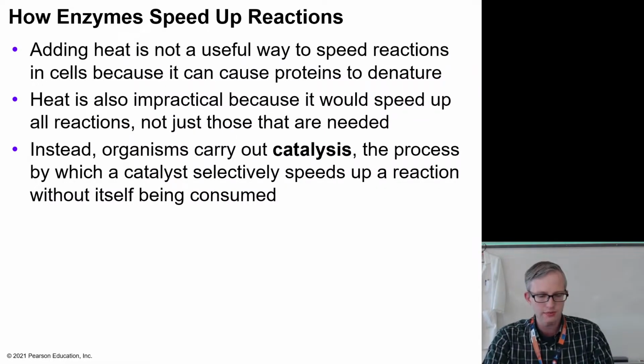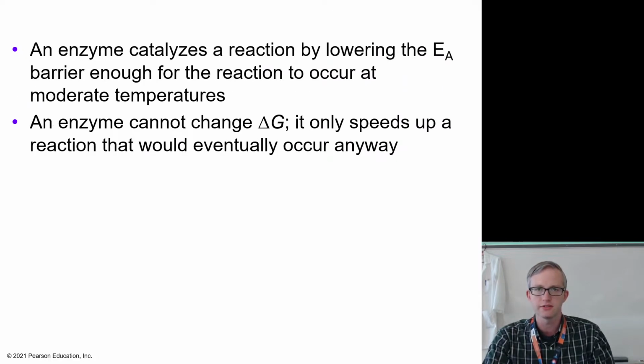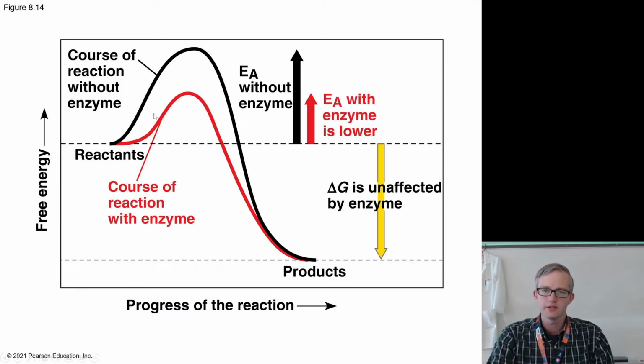So enzymes do this or facilitate this by lowering the amount of activation energy needed. And that's this process of catalysis. They create a complex with a substrate, moving that substrate, manipulating that substrate, and encouraging the chemical reaction to occur. And here you can see a chemical reaction with the addition of an enzyme where the same reaction, the same reactants, same products, but we don't need nearly as much activation energy.